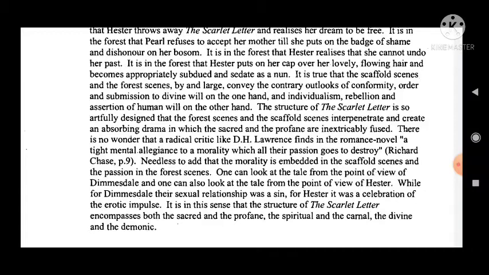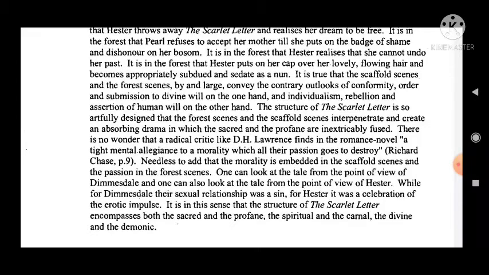It is true that the scaffold scenes and the forest scenes by and large convey the contrary outlook of conformity, order and submission to divine will on the one hand, and individualism, rebellion and assertion of human will on the other hand.